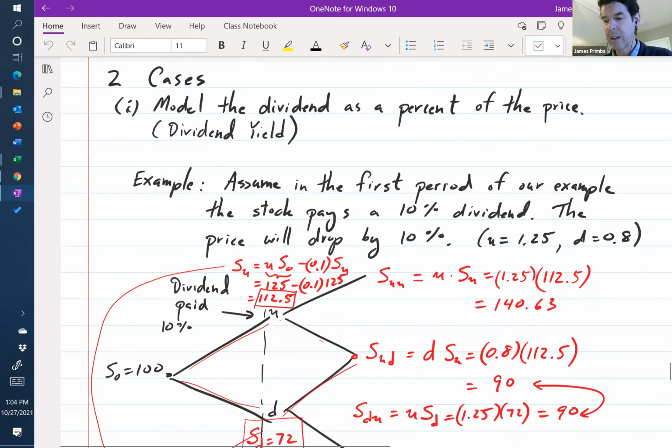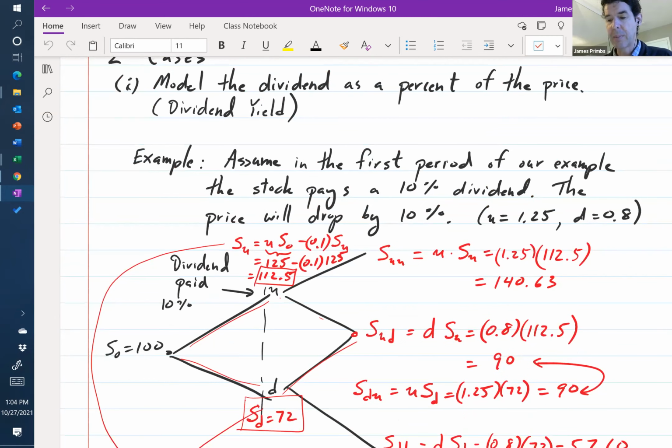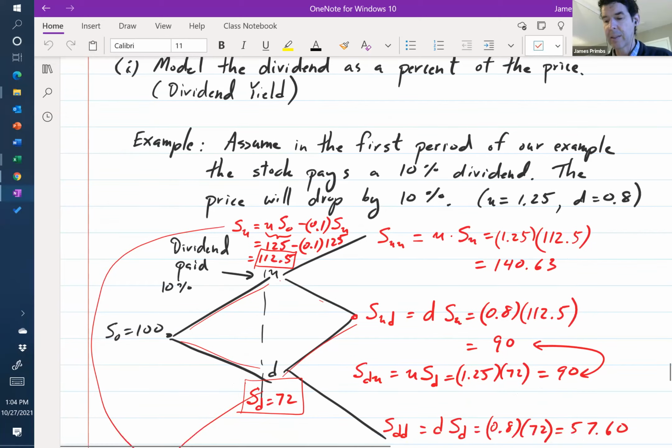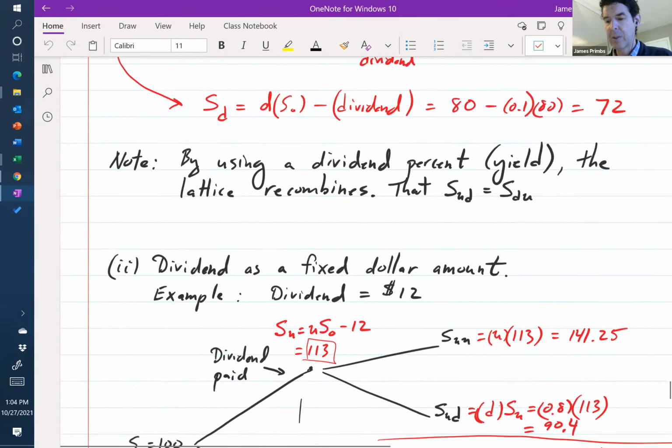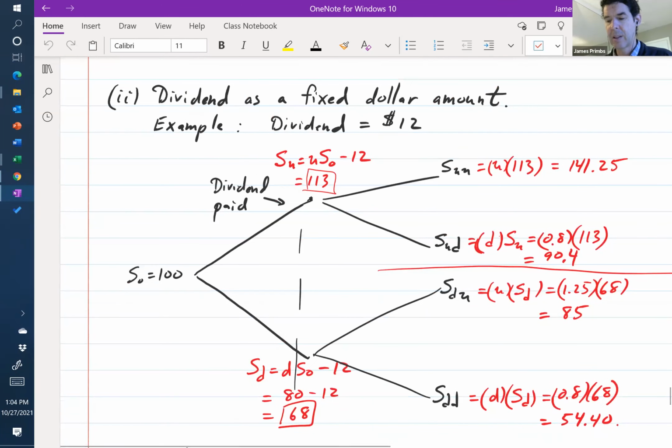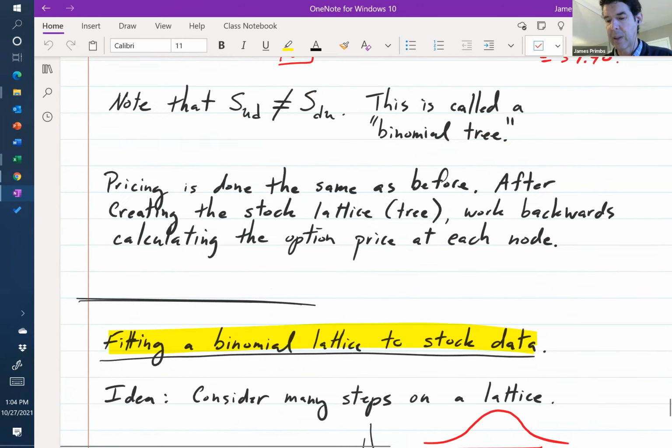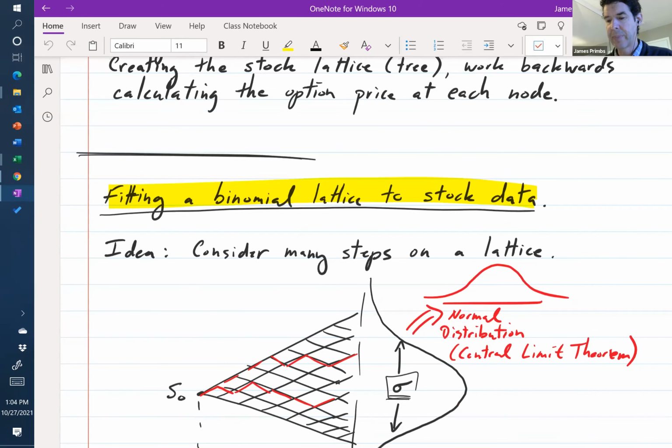Okay. Just to remind you of some things we saw last time: dividends. There were two ways to include dividends in the binomial model. Doing it as a percent dividend is the nice way because you get a recombining lattice. Using a dollar dividend amount is probably more accurate, but then we end up with what's known as a binomial tree. It does not recombine. That was the big takeaway there, but otherwise everything works the same.